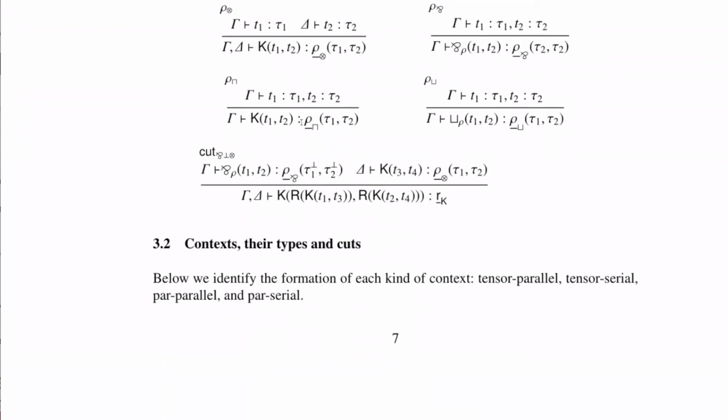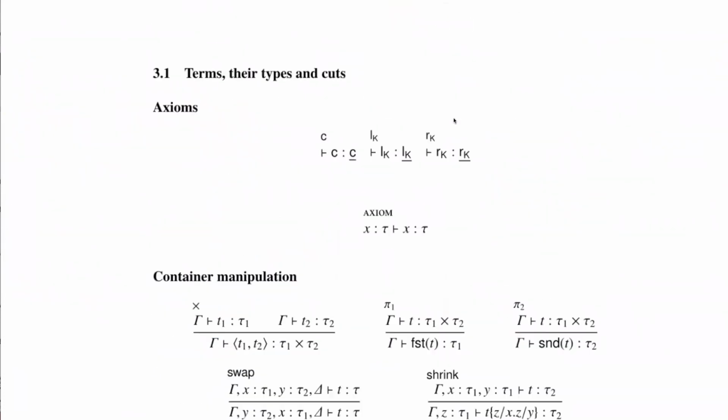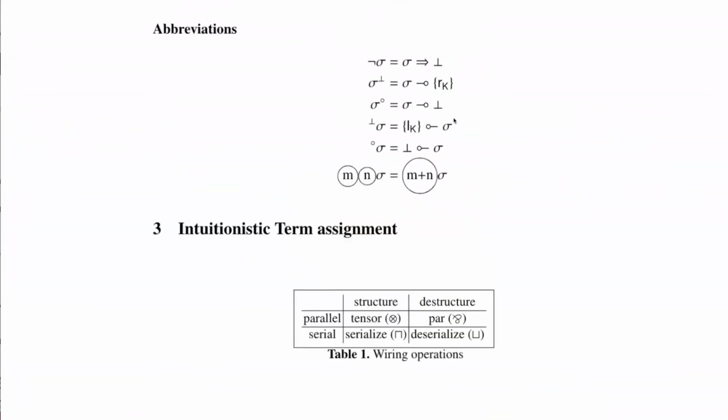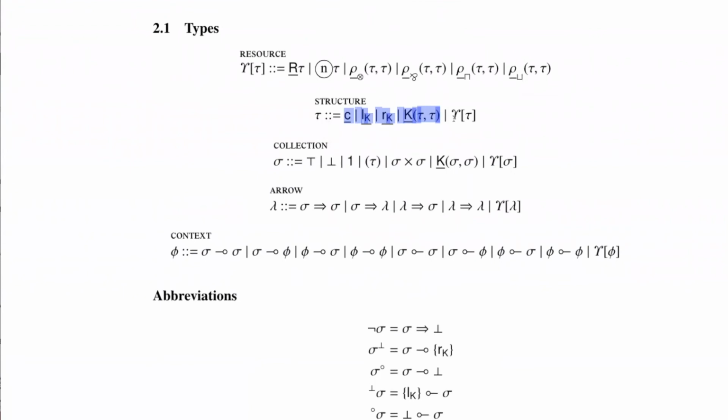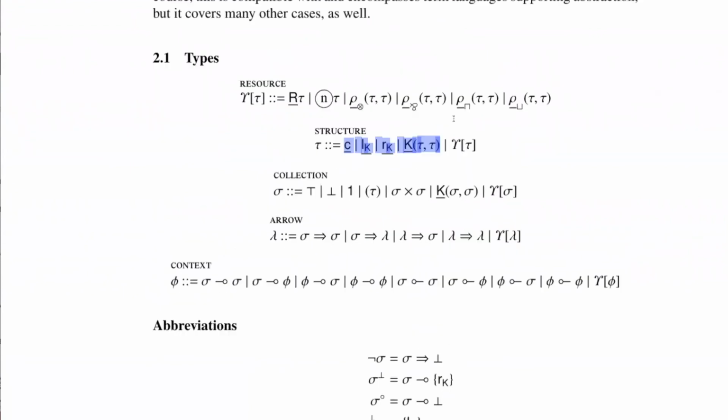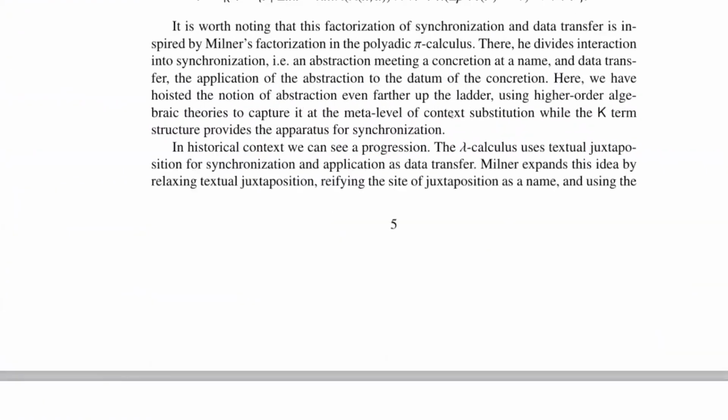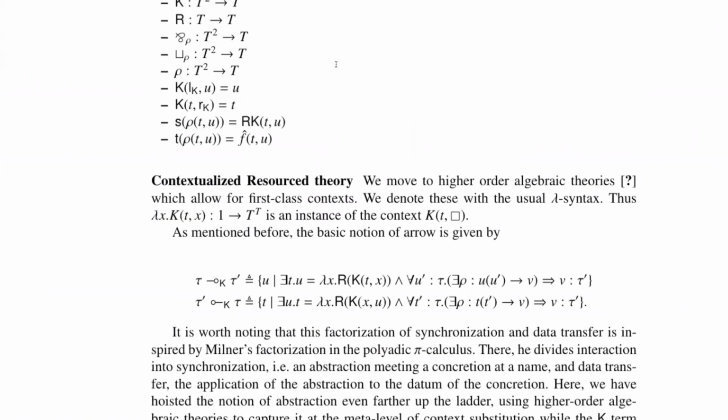Cup and a tensor are just Ks. And then these guys are new terms. Let me make sure I've got that right up here. Yeah, there we go.